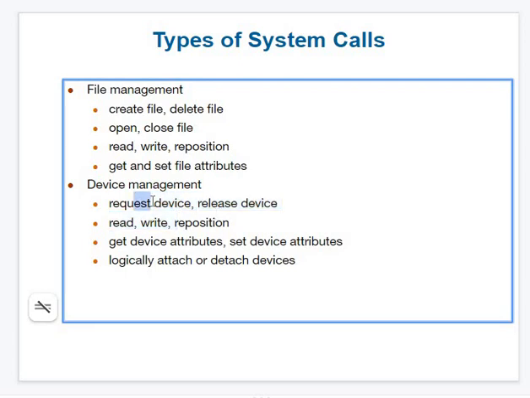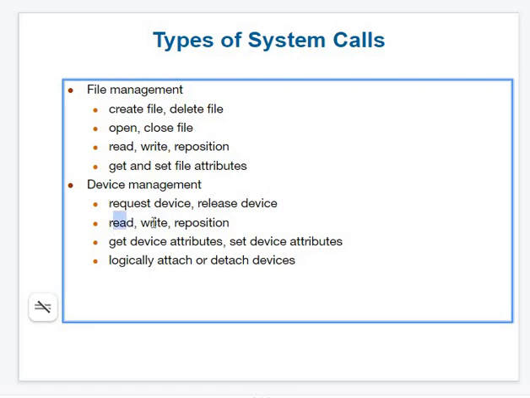Even if you attach your pen drive to the computer, the computer will give you a message like a USB device has been detected. Next, after your data transfer between the computer and USB pen drive is finished, what you will get next is a release. You will double click on safely remove, or right click and eject. So for release of devices, there is also one system call.